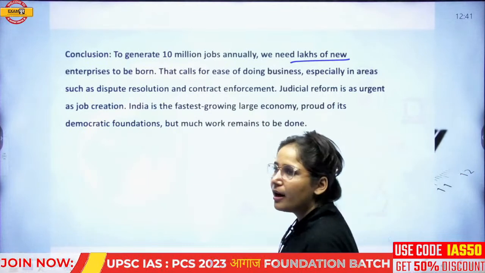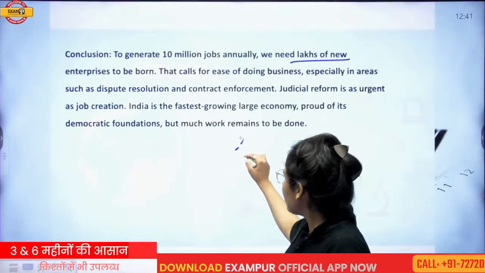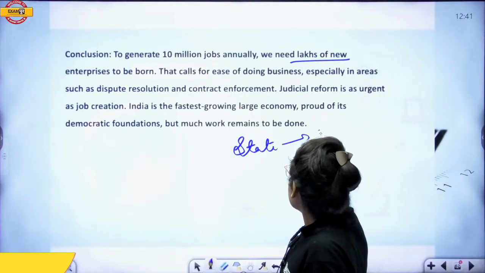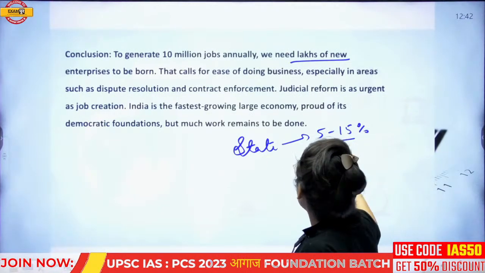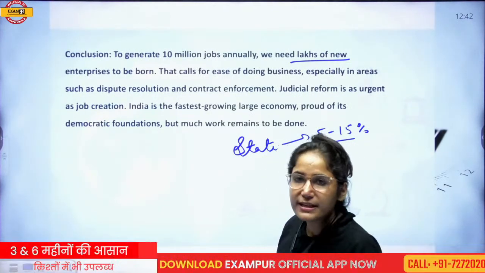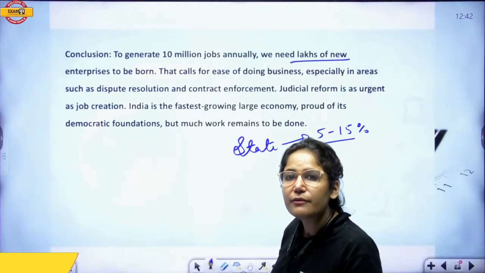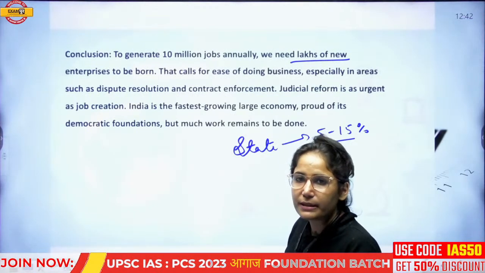Plus, if I make a point regarding the state economies: 5 to 15% investment or capital accumulation has been considered in various states. It is coming just under the limit of 5 to 15%.